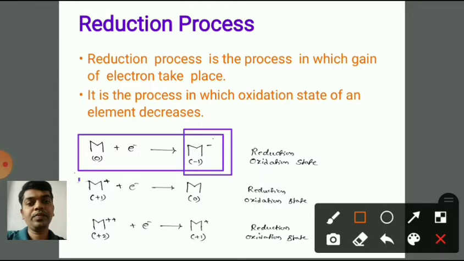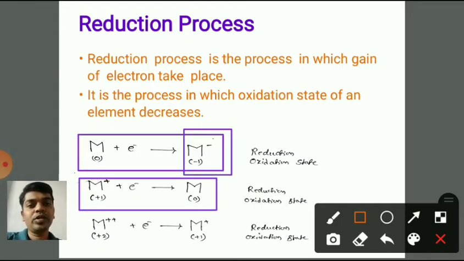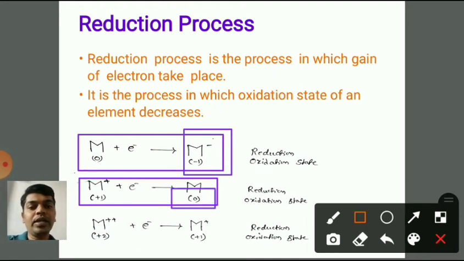In the next example, we have taken a positively charged species, that is M plus, which has the oxidation state +1. After addition of one electron into it, that species M plus becomes neutral and has the oxidation state 0 because it becomes neutral. In the third example, we have taken one species which has two positive charges over it.